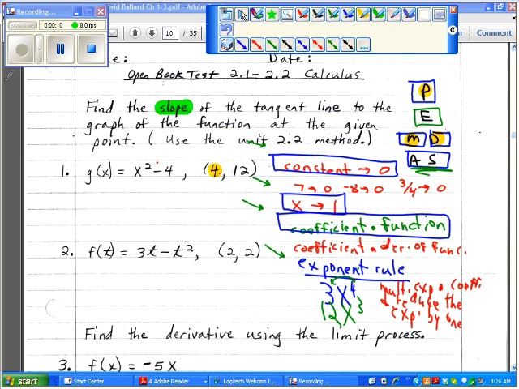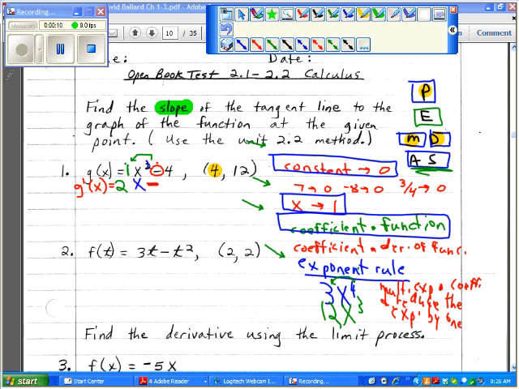Now this is the derivative of a sum or difference. The derivative of a difference is the difference in the derivatives. So we can say that g prime of x is, what is the derivative of x squared? Well, that's an understood one. The exponent rule says you multiply the exponent times the coefficient, and that gives us a 2. Then we reduce the exponent by 1, which makes that an x to the first.